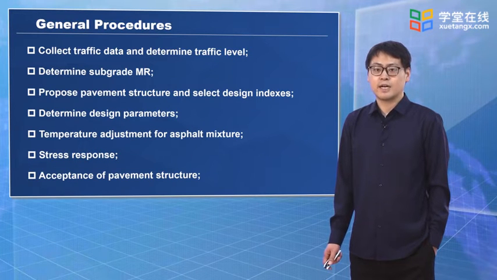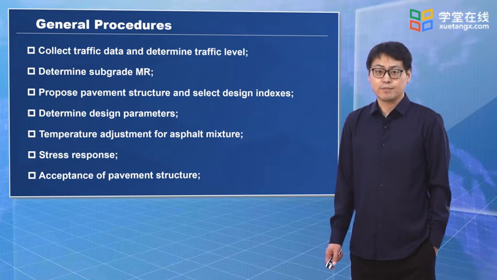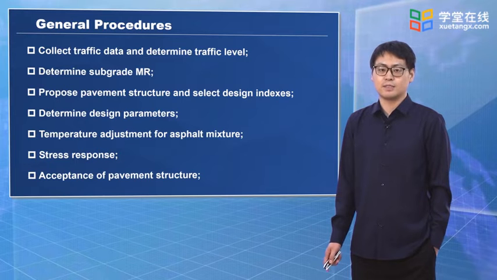After all the design data were collected, the stress response required for the design index calculation can be calculated using multi-elastic layer theory. Finally, the design index of proposed pavement structures needs to be checked for acceptance. Otherwise, the pavement structure has to be adjusted.